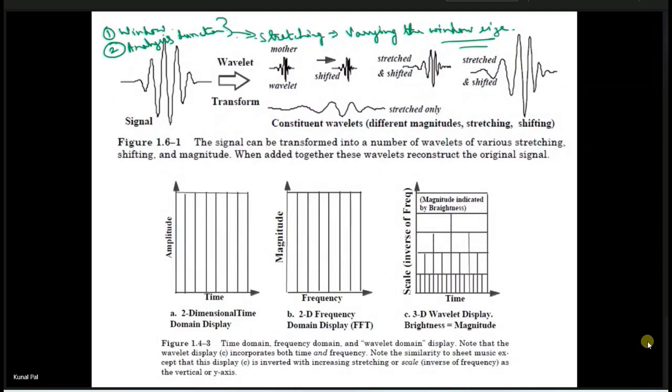So depending upon the frequency component within the signal in the wavelet, the window size either increases or decreases.